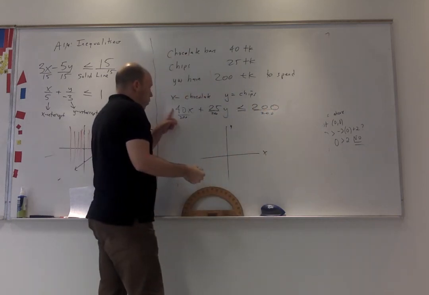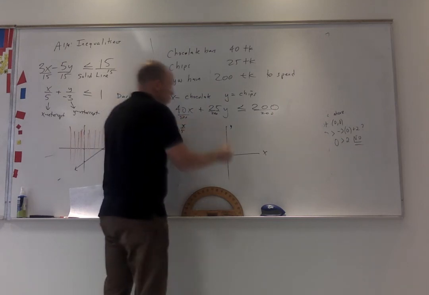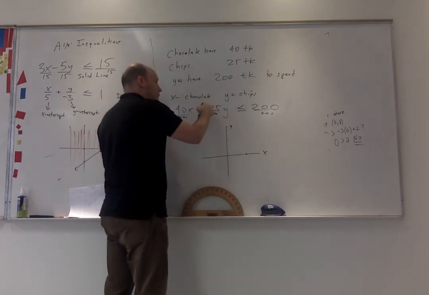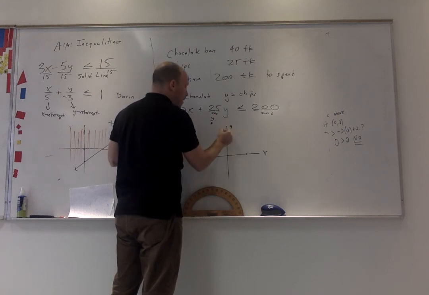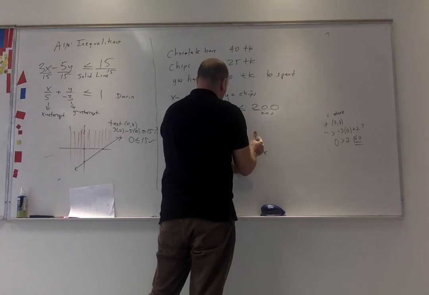And so I know that 40 divided by 200 is 1/5, so it's going to be X over 5. So the X-intercept is 5. And 25 divided by 200 is 1/8. So the Y-intercept is 8. I'm going to draw my line like this, and solid.